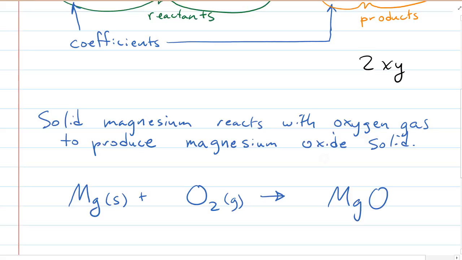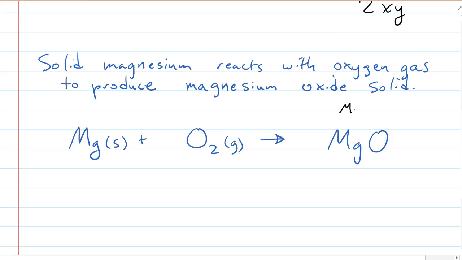So if we have Mg with the 2 plus and O with the charge of 2 minus, the formula is MgO. And then the phase label we put on here is solid, or S. So this is our chemical equation. Now at this point we inspect the chemical equation. We ask ourselves, is this balanced to the law of conservation of matter?